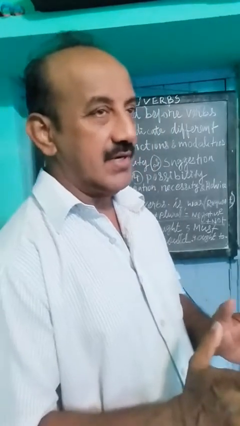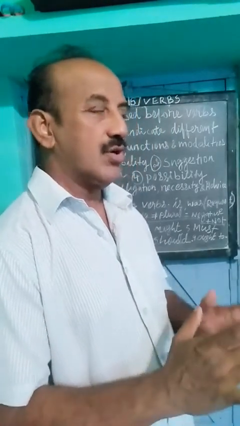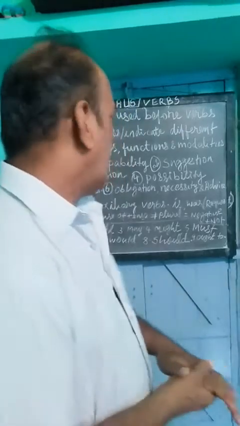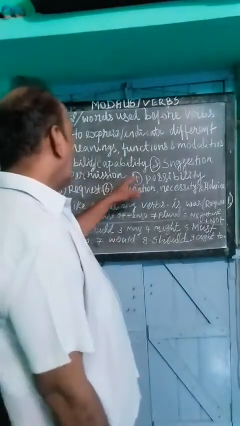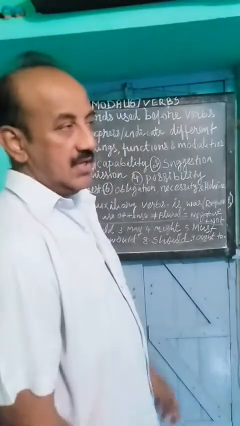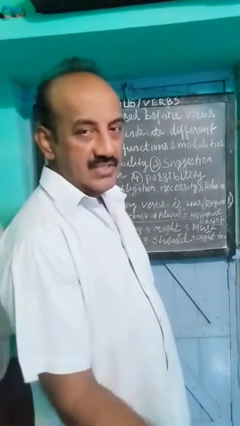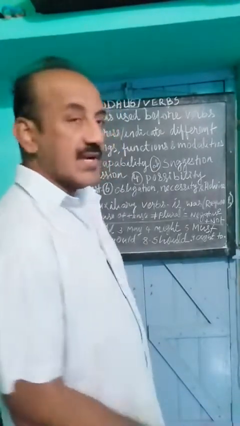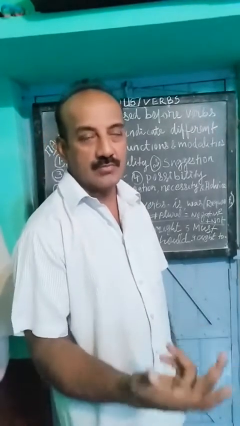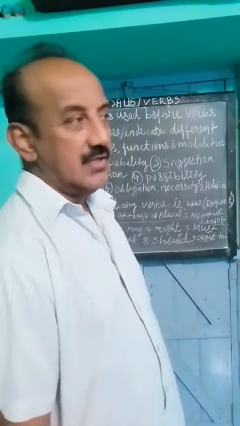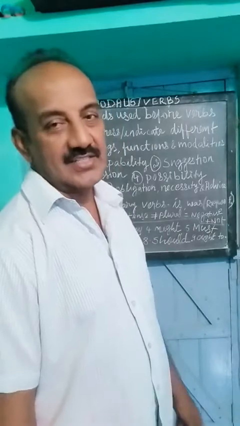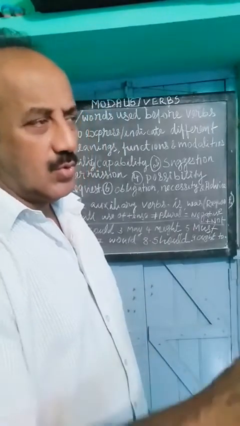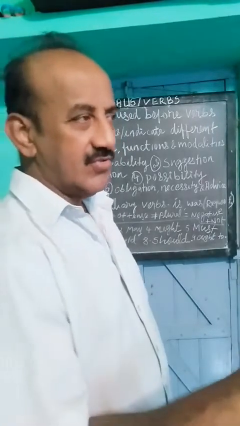The same word used in different contexts. Now let's say suggestion. You can do this. This word can. Can I go? Is a request. You can do this. It's said as a suggestion. Same word used in different places, gives different meaning.